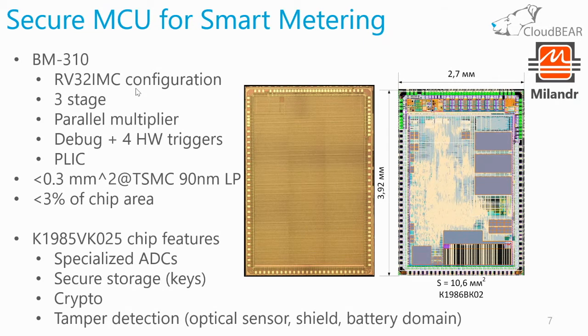The chip itself is about 10 millimeters squared in area, but the core consumes only around 0.3 millimeters, which is less than 3% of the area. The chip has a lot of security features: a specialized ADC for smart metering, secure storage, crypto, and other tamper detection protection features.